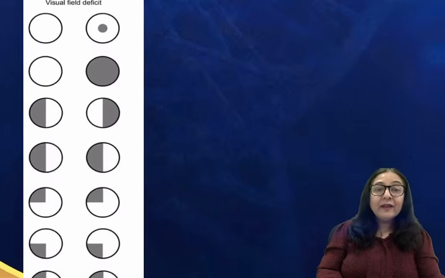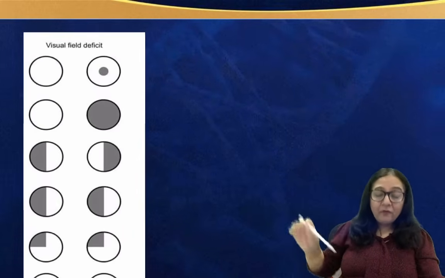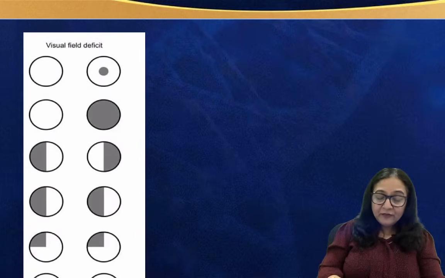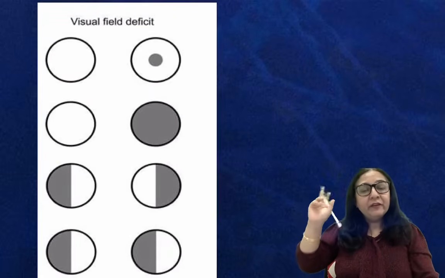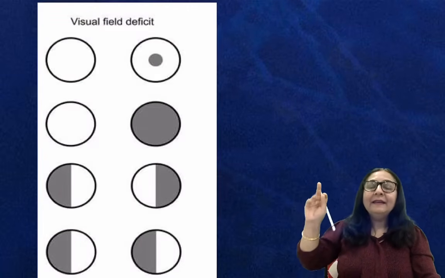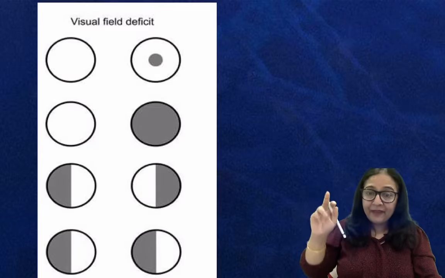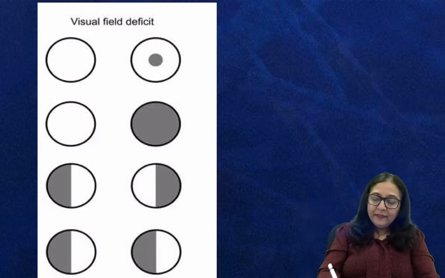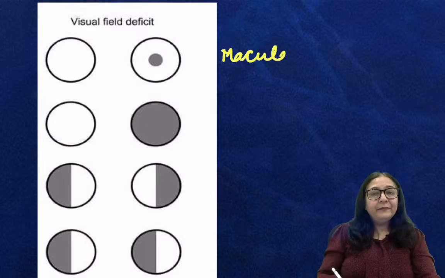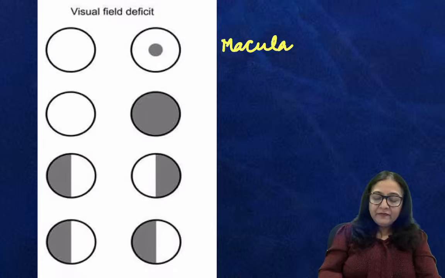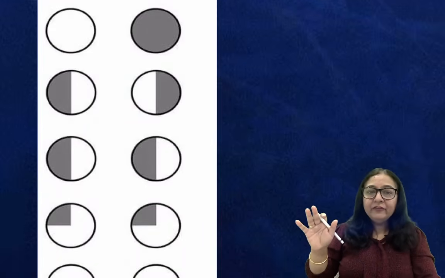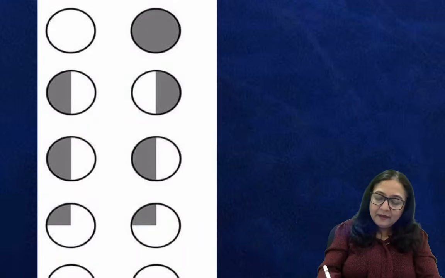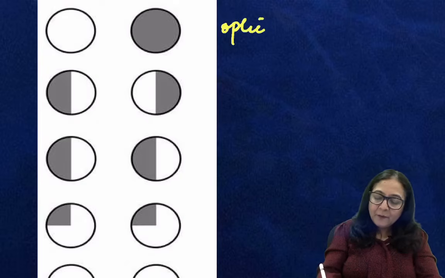Okay, so just a quick review of all the visual field defects here. So everyone with me, if the field defect is just on one side and it's a central scotoma, then most likely the site of the lesion is macula, right? If there is complete monocular vision loss, then the site is the optic nerve.